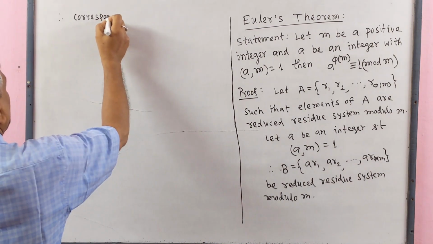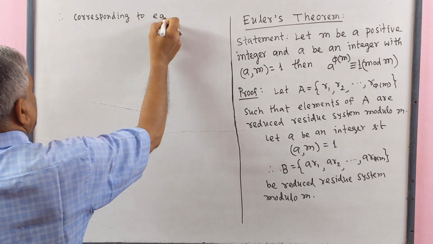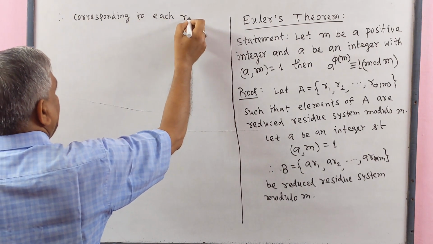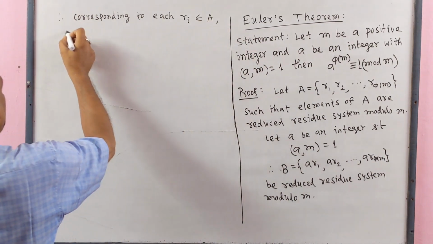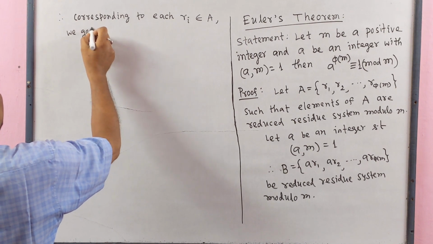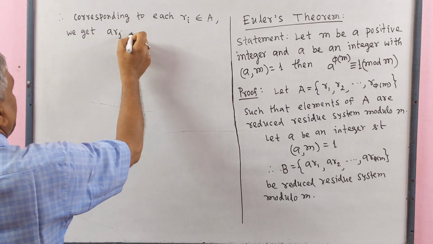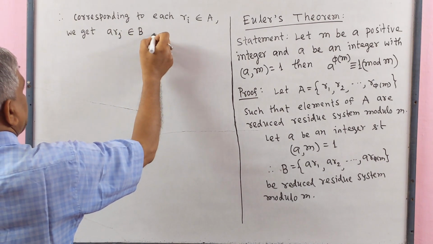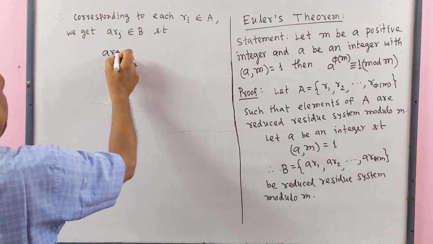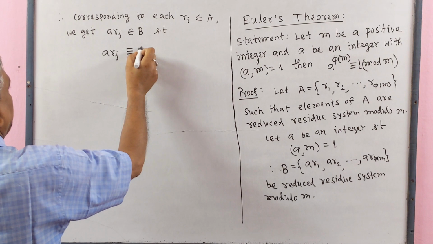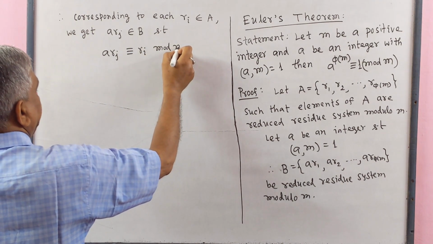Therefore, corresponding to each Ri belongs to A, we get a Rj belongs to B such that a Rj is congruent to Ri modulo m.